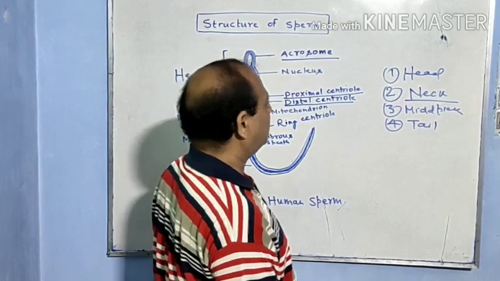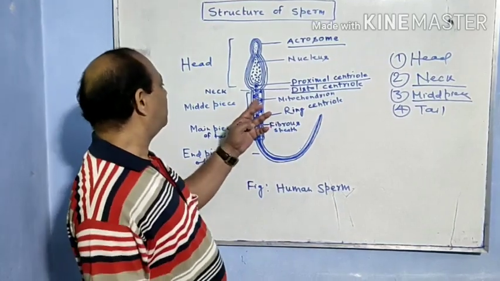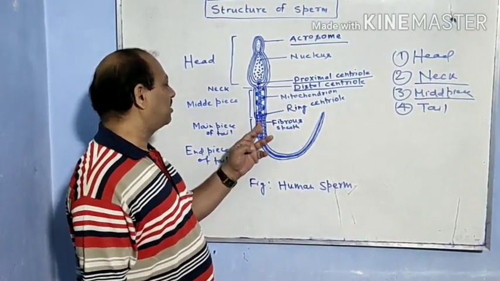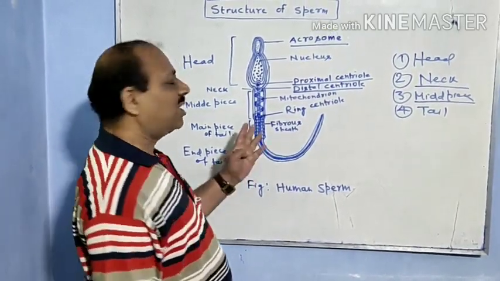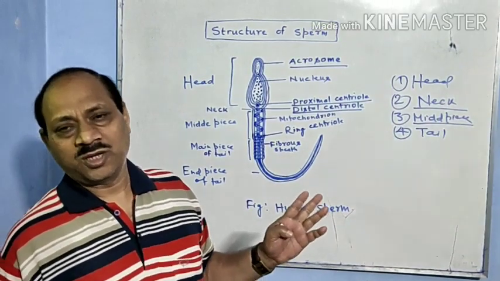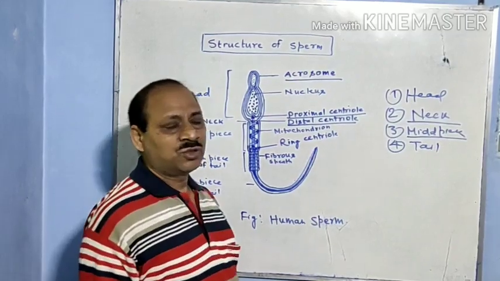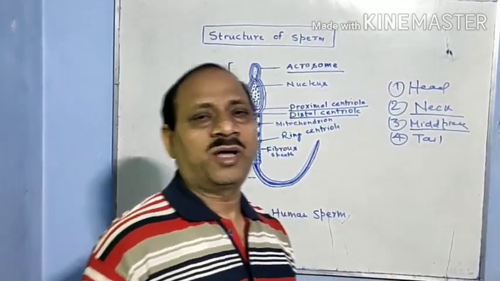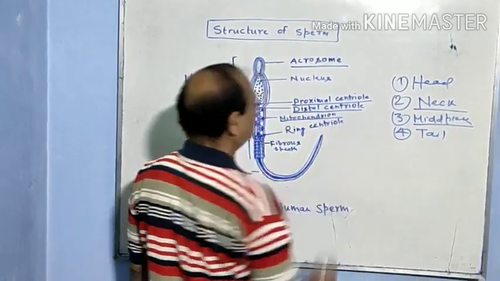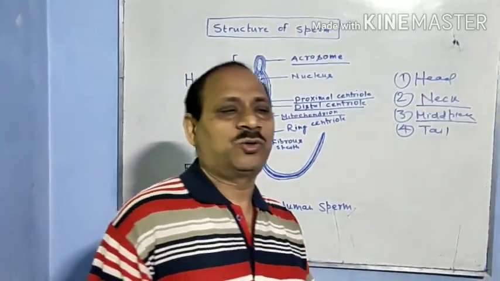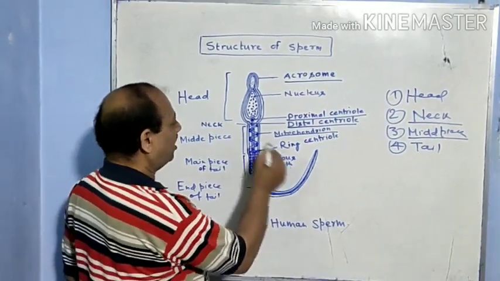Now I shall discuss about the third, middle piece. Middle piece is located below the neck and above the tail. It is an important part of sperm. It contains axial filament which is coiled by or surrounded by a spiral mitochondrion, singular mitochondrion and plural mitochondria.